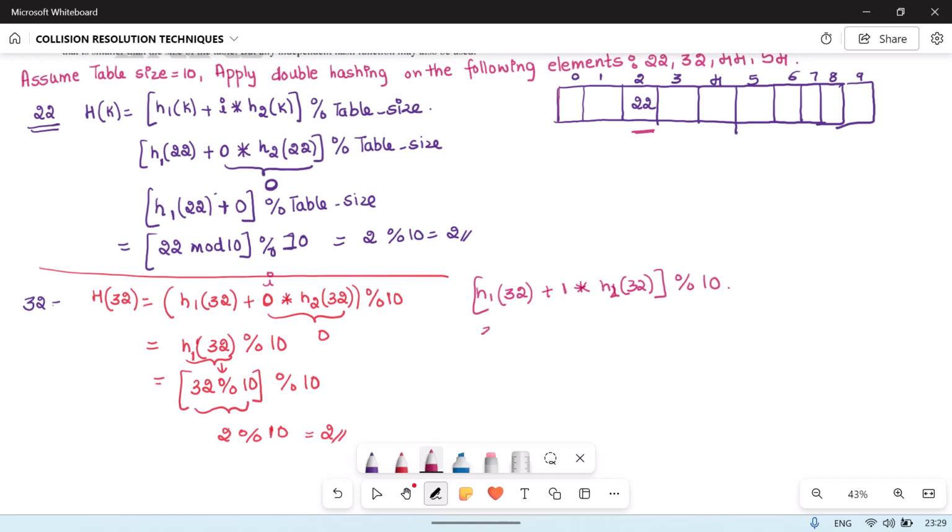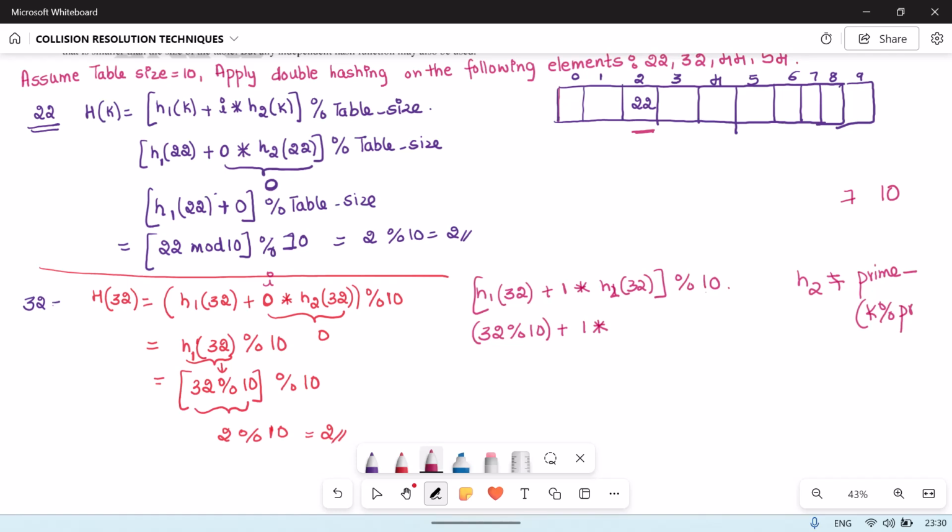H1 is 32 mod 10, which is 2. For h2, the nearest prime number below 10 is 7, and h2 is the prime number minus k mod prime.